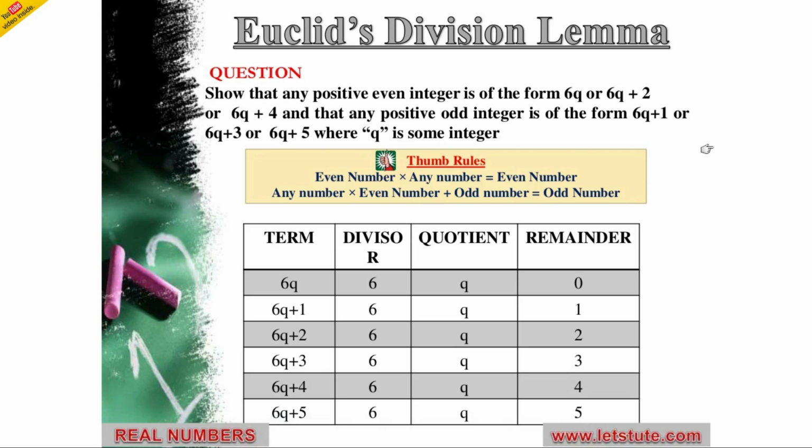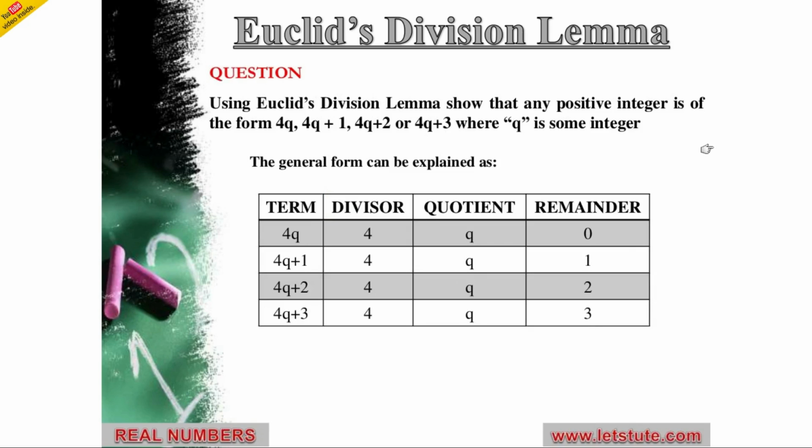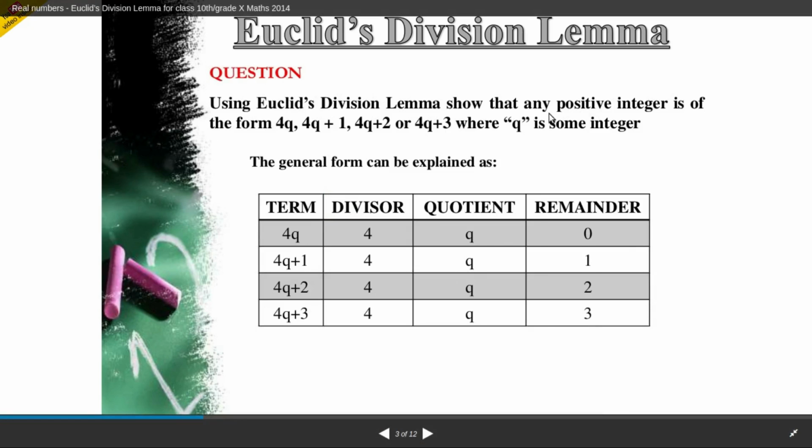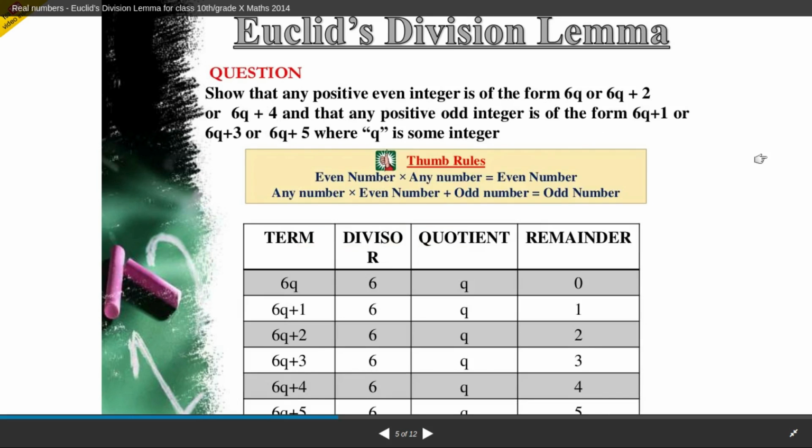First understand the difference between this problem and the previous one. There he asked us to show that any positive integer is of a form, but in this problem any positive even integer is in this form and any positive odd integer is in that form. So here we have two cases. Before solving, again split the given terms. The divisor will be 6, the quotient q, and the remainder is greater than or equal to 0 and less than 6.